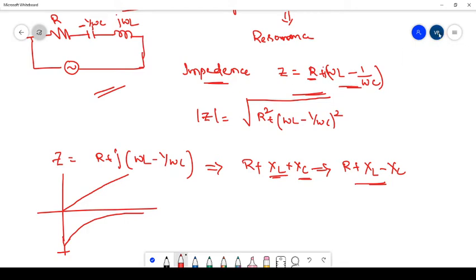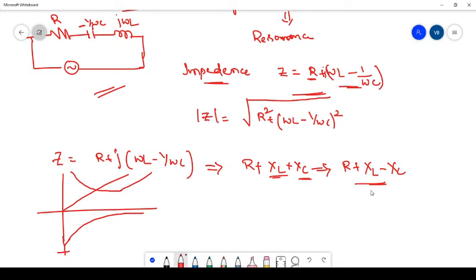increases linearly. According to that, the actual impedance first decreases and then increases like this. We saw this graph in the yesterday session.